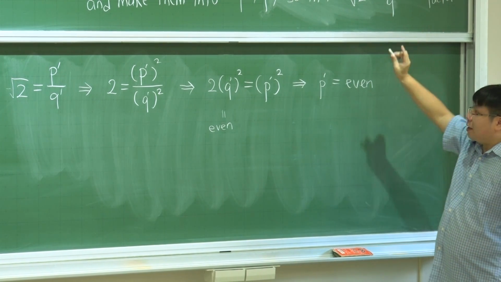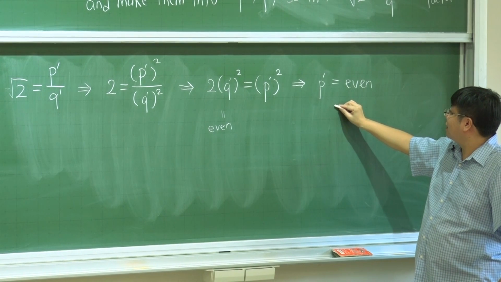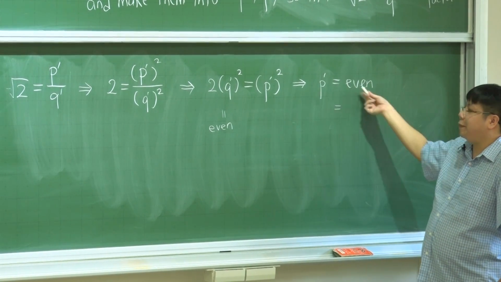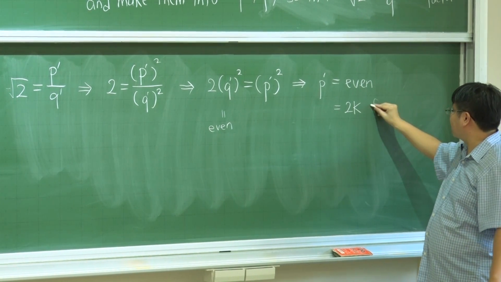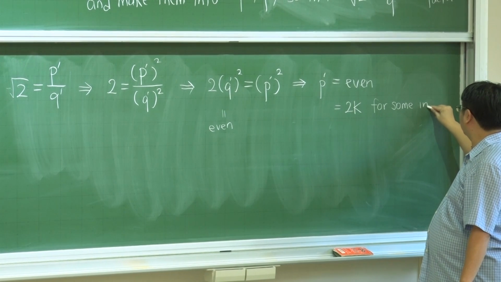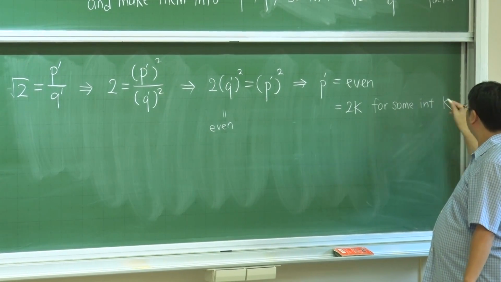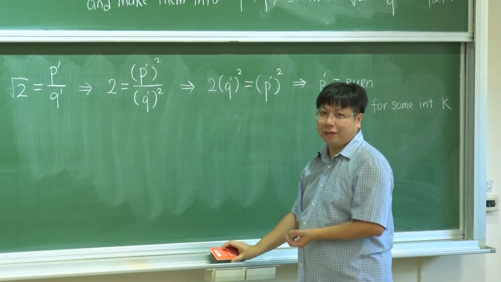Okay. So now our strategy is further to show that, if p prime is even, then we can write down p prime is equal to 2k for some integer k. Okay? Then what do we have?